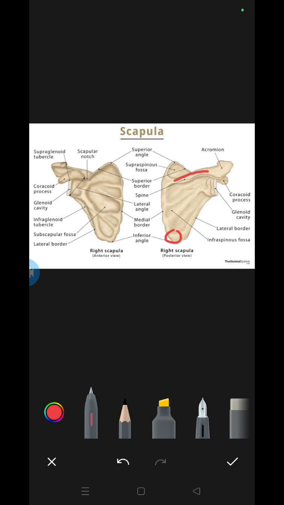The lateral or glenoid angle is broad and bears the glenoid cavity or fossa, which is directed forwards, laterally and slightly upwards.